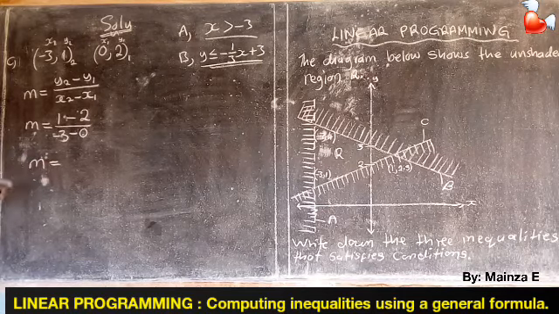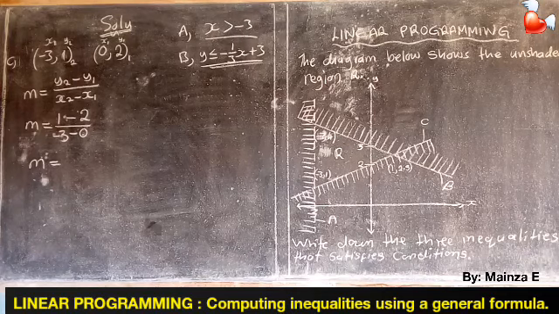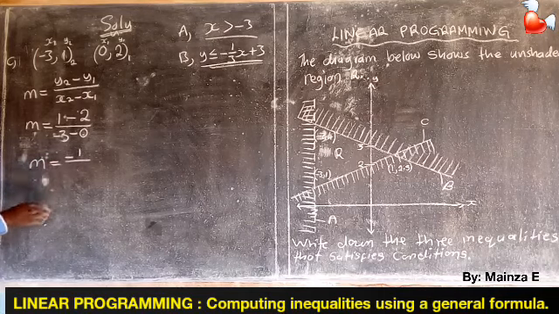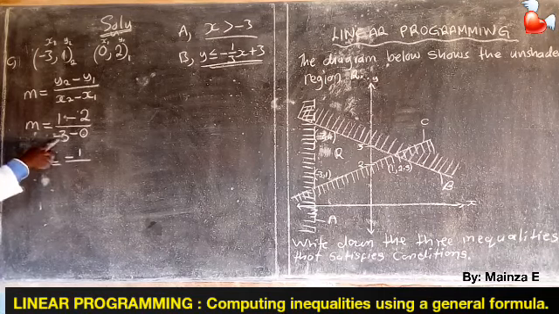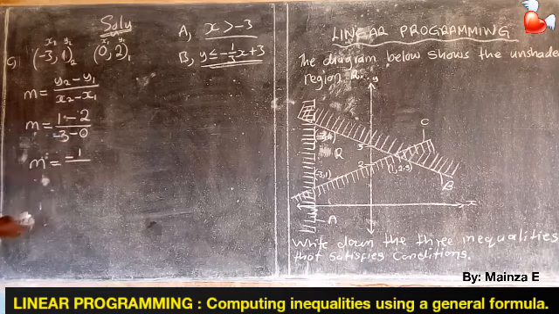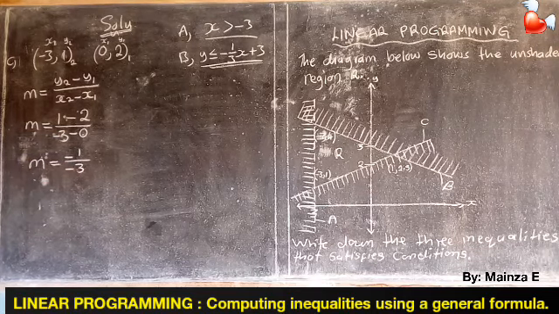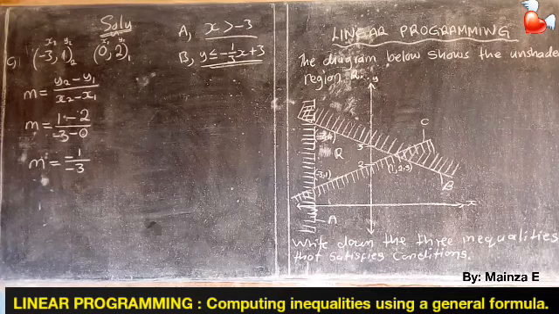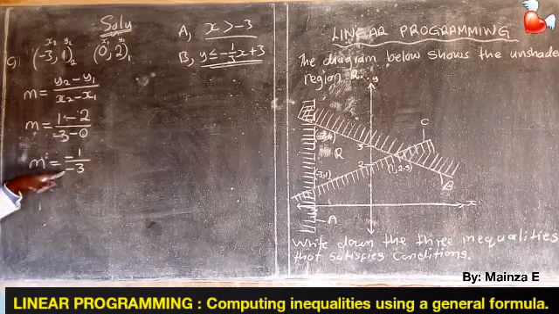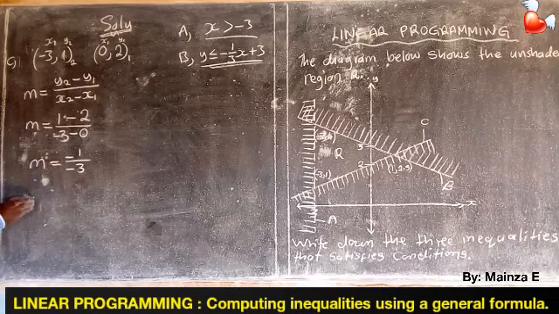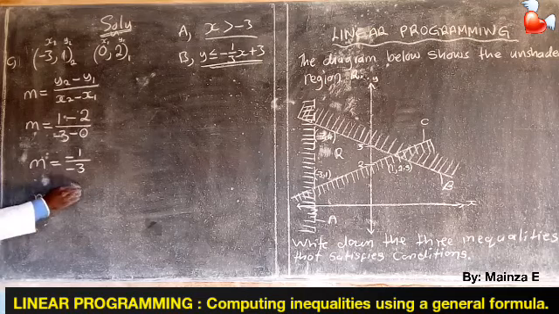What to do next is to solve. 1 minus 2, we get negative 1 over, when we subtract here, of course a 0 is not counted, what we have here is just the 3. Now check, you have a negative, the negative. So a negative and a negative, same sign, they will turn into positive. So our gradient is 1/3.